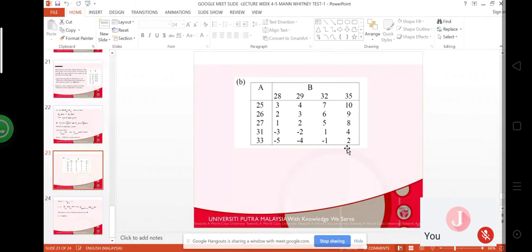Now, in order to find the confidence interval, all these differences should be arranged in increasing order. What is the smallest among these? Increasing order, meaning that the first one should be minus 5, minus 4, minus 3, and so on.